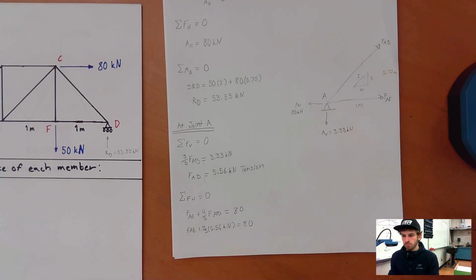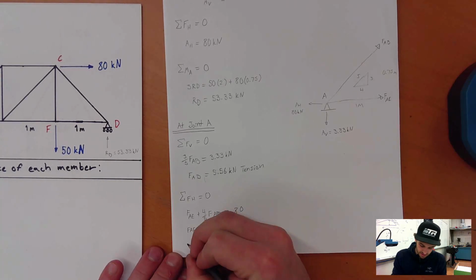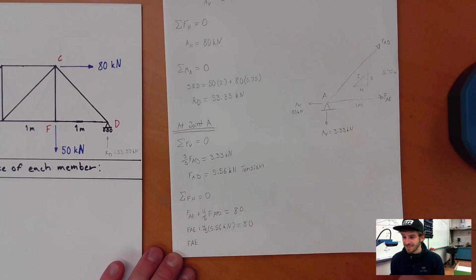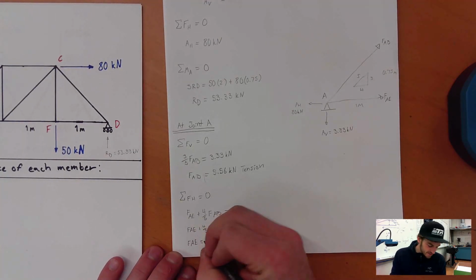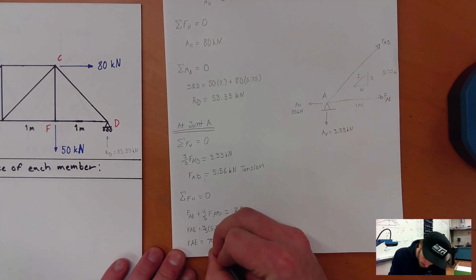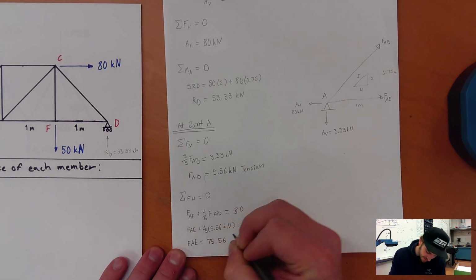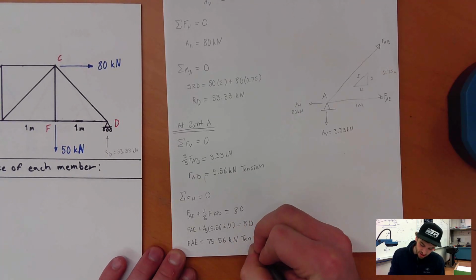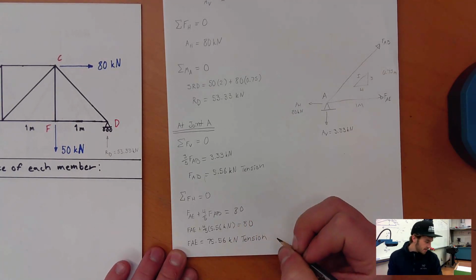And if we go down into our calculator, that will give us FAE. Oh my goodness, so many interruptions. Never going to get this video done. Eventually. Here we go. FAE is equal to 75.56 kilonewtons in tension. Dun-dun.